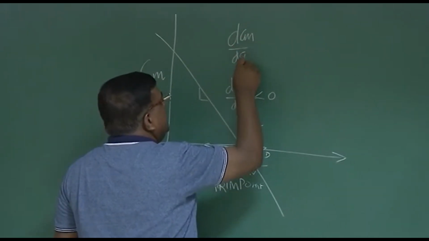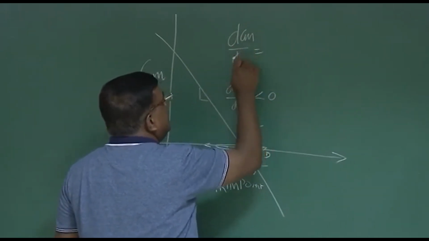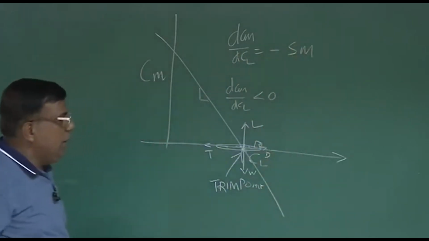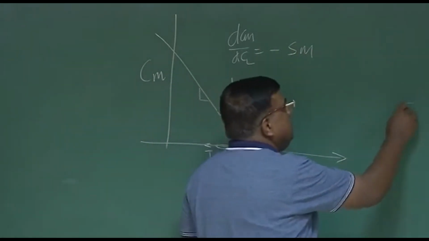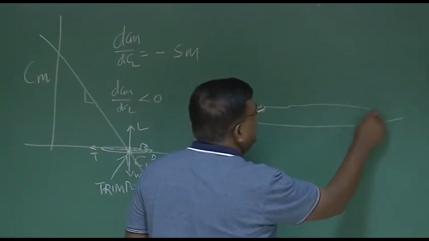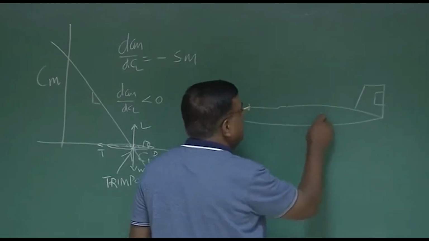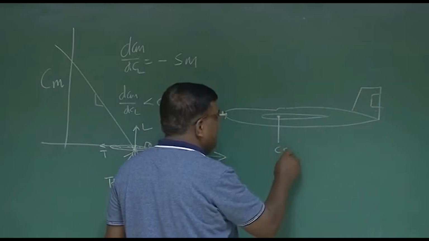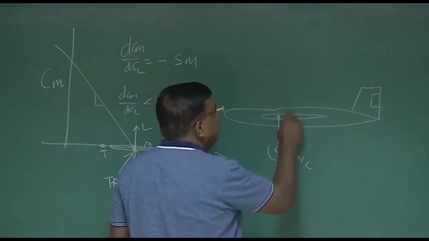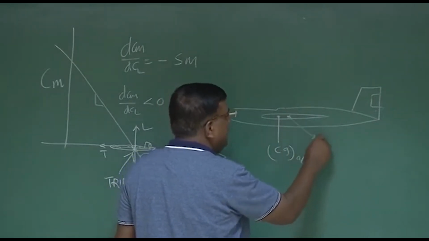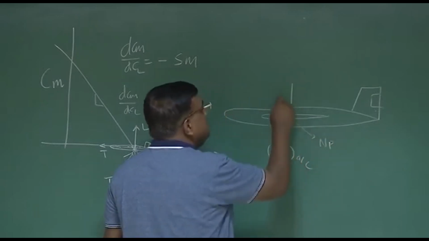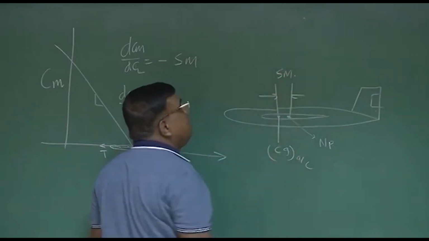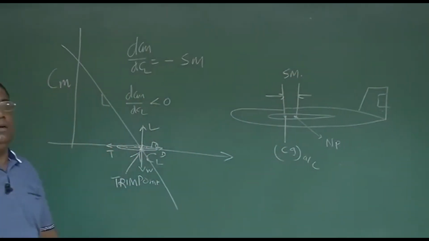The slope is nothing but minus static margin, and static margin we have understood to be the distance between the neutral point and the center of gravity of the airplane. That is, if this is the CG of the airplane, and if this is the neutral point, I write NP, then this distance is the static margin, which is non-dimensionalized with respect to the mean aerodynamic chord.